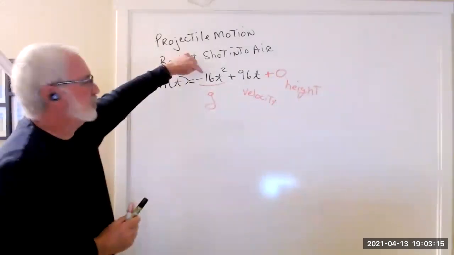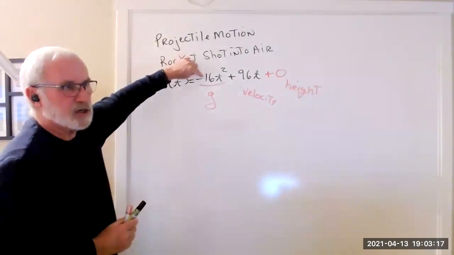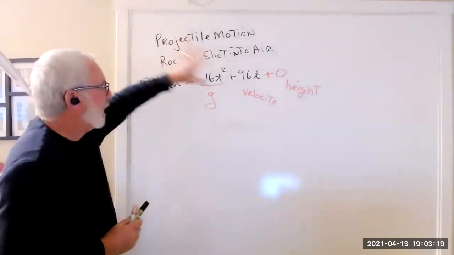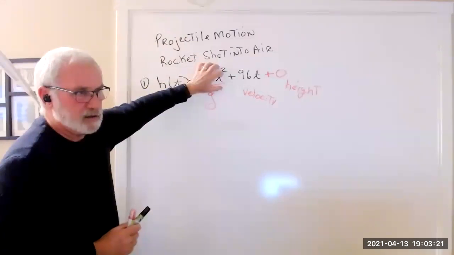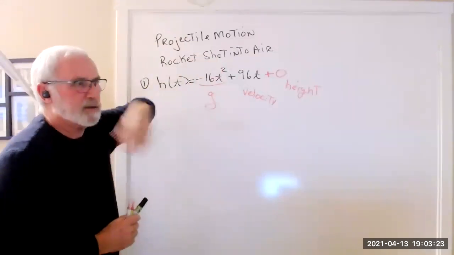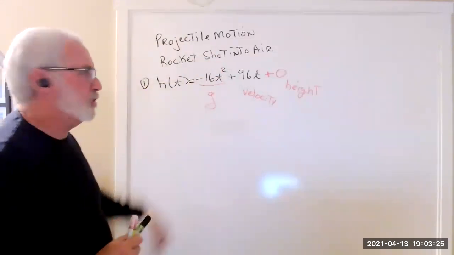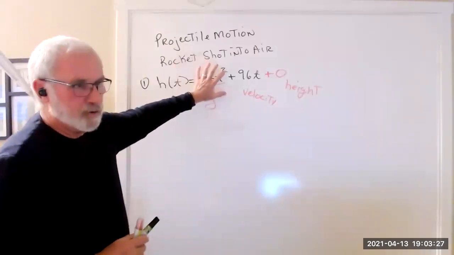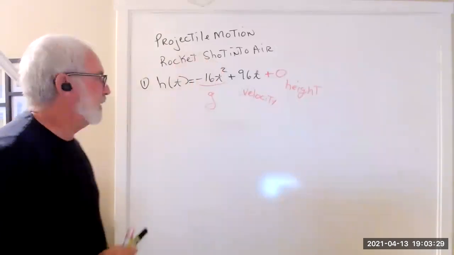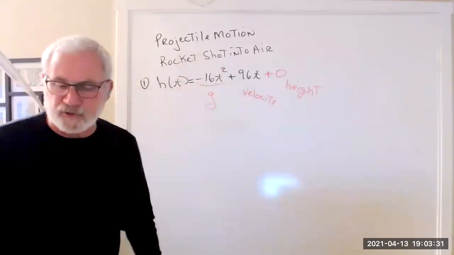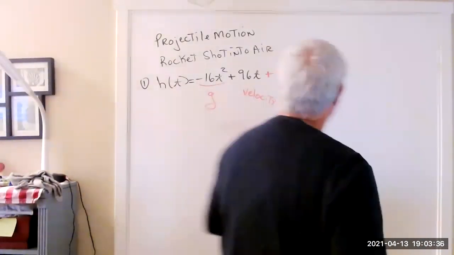That's built into the 16. I'm always going to give you the gravity thing, so you don't have to worry about that negative 1/2 G. In physics class they'll make you calculate it, but I'm not going to.